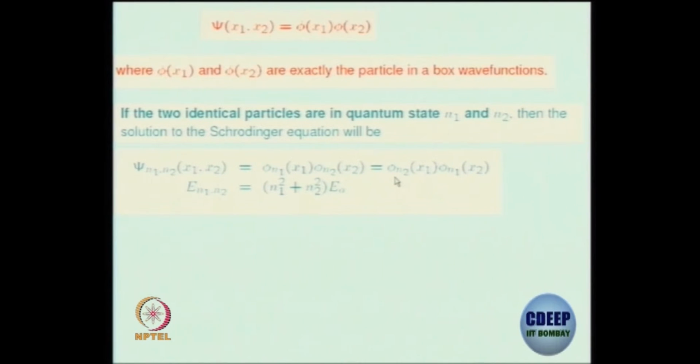Or you could also write particle 1 in quantum state n2, because they are identical. You can't distinguish. Both are equally possible. A linear superposition is also possible. You can take a linear superposition of them, that is also possible.